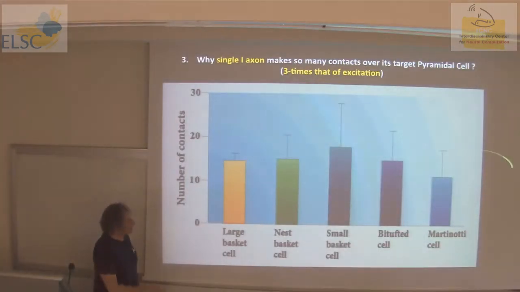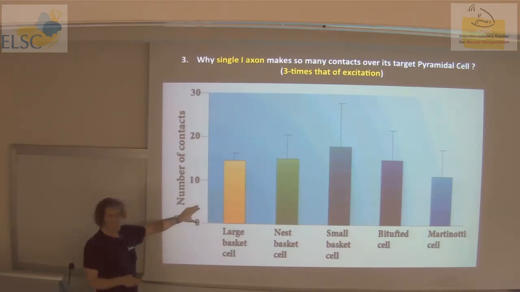Another interesting question, number 3, is why a single inhibitory axon makes so many contacts on the postsynaptic target cell. For example, excitatory neurons, at least this I know, let's say layer 5 to layer 5 pyramidal cells, are making on average 5 contacts per axon.